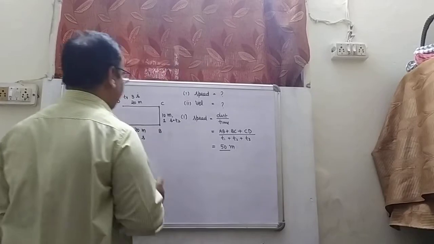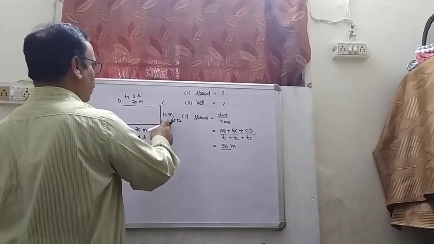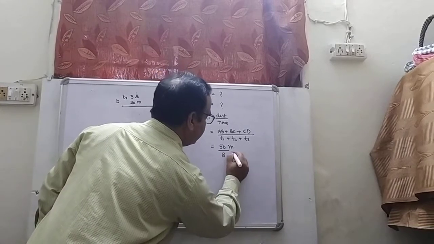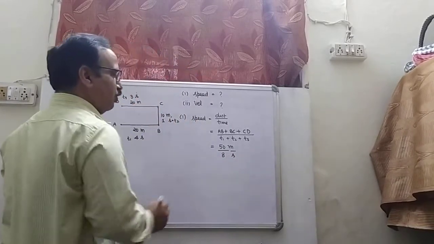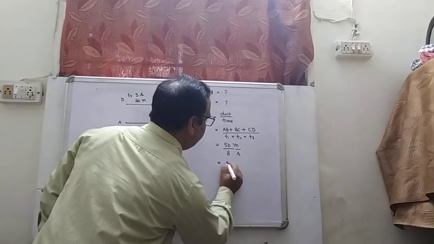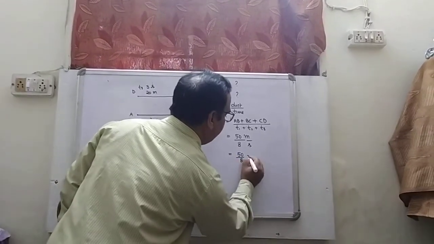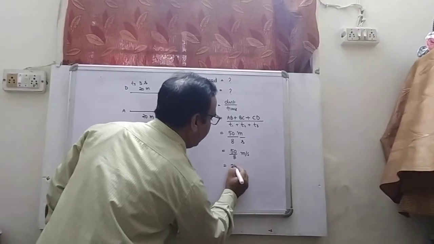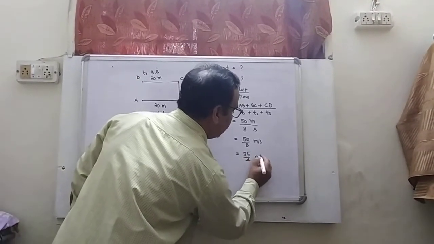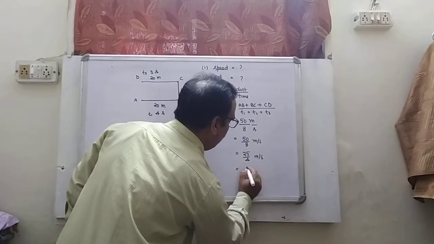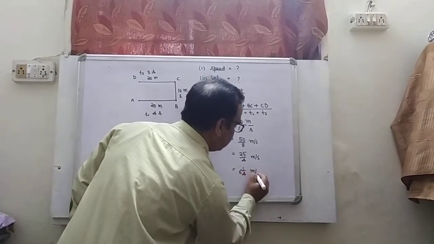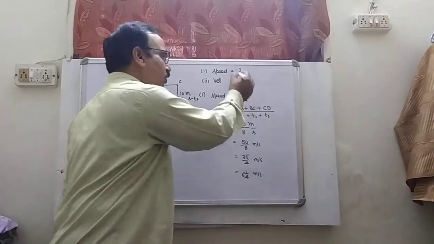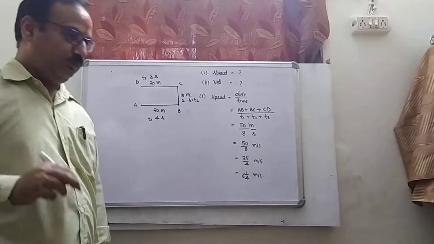And the total time is 4 plus 1, 5, plus 3, 8 seconds. So finally you get the speed as 50 over 8 meter per second. You may say it is 25 by 4 meter per second. You can also say 6 whole 1 by 4 meter per second. In this manner we can find the speed of the object for the whole journey.